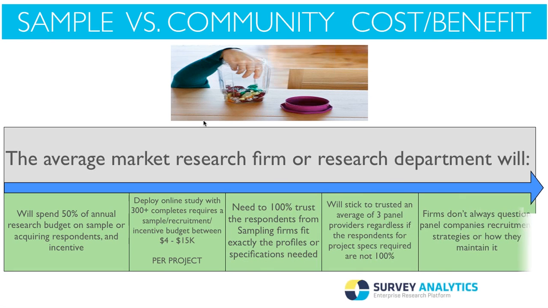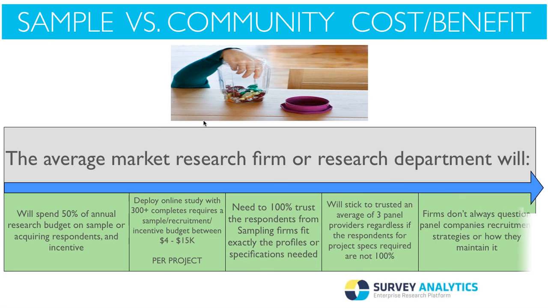And the last one, which is a really big one, is that a lot of times firms or departments don't always question panel companies about their recruitment strategy or how they maintain it. It's something that a lot of sample companies do talk about. They have it on their site and everything, but in terms of actually auditing it, a lot of times market research companies don't really do that, and so you do run a risk in terms of not really knowing who these people are.